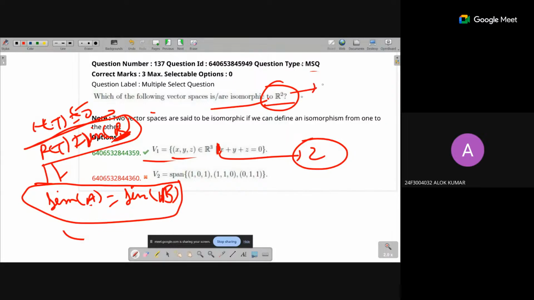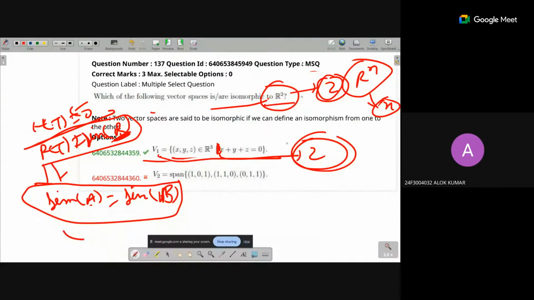This is dimension 2, because any Rn vector space has dimension n, so R2 has dimension 2. Then I have to find from the options which vector space has dimension 2. From the first option, I calculated that the dimension is also 2, so these two are isomorphic to each other. Yes, sir. Understood. Thank you.